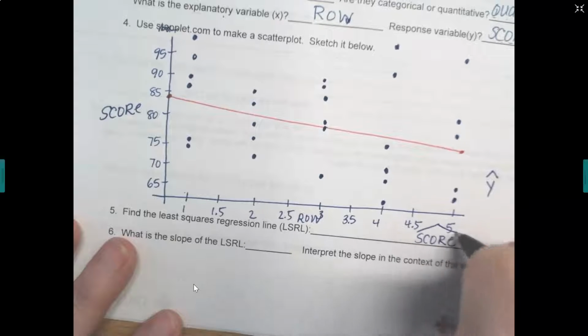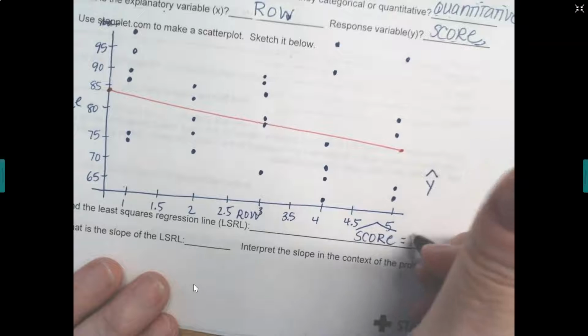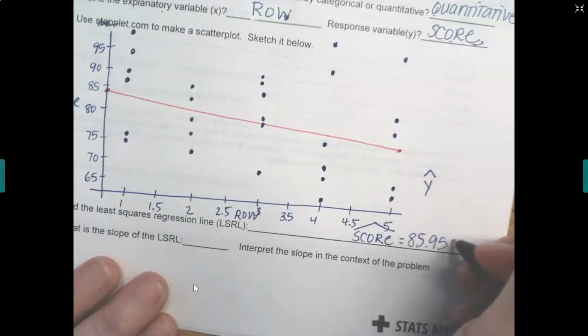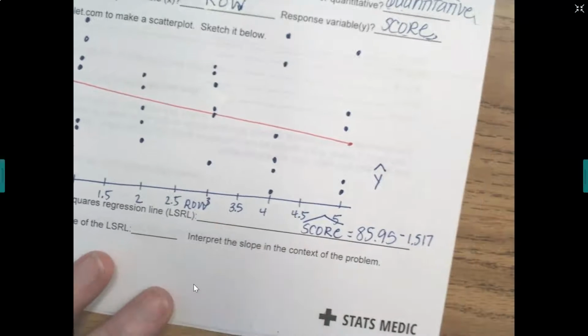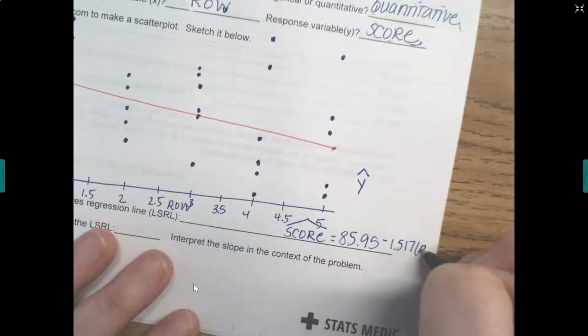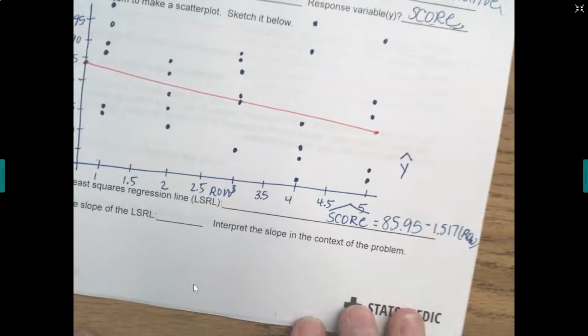So I'm predicting the score, and that equals 85.95 minus 1.517, and the X value, I don't want to put X, I want to put the word row. That way, if there's ever a question, you know where to plug everything in.